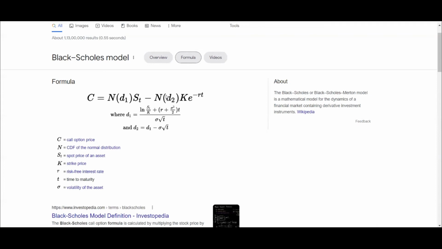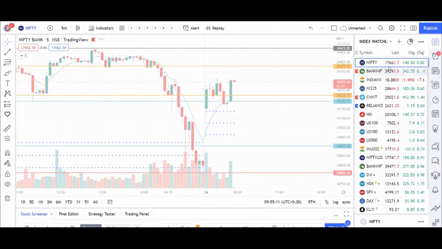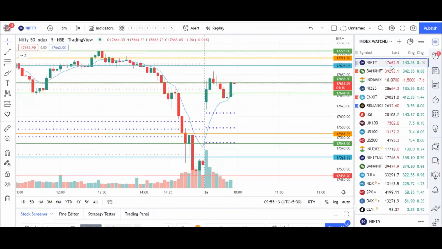Now how will you create higher volatility? By taking positions, lots, higher up. Like right now, if you see, Nifty is trading at 17,663, right? So you need to increase the volatility. Suppose you punch a very heavy order, and that order will not be executed because there would be no seller, right?